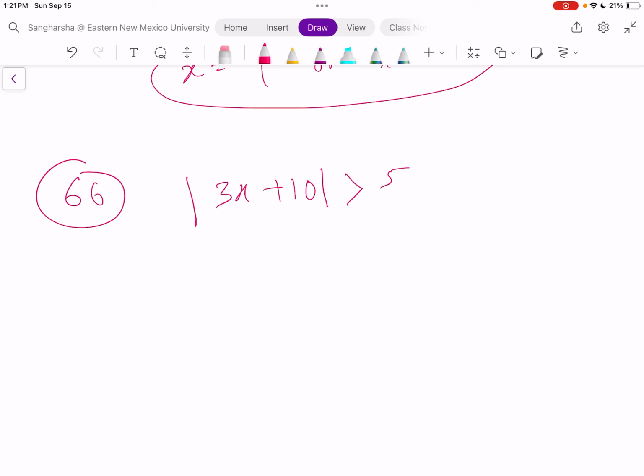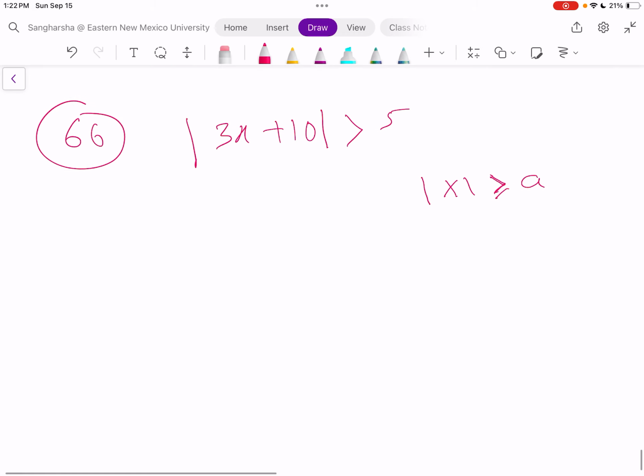Whenever you have absolute value in an inequality, there are two cases. First case, you might have absolute value of x greater than some number a, or greater than or equal to, it is the same thing.